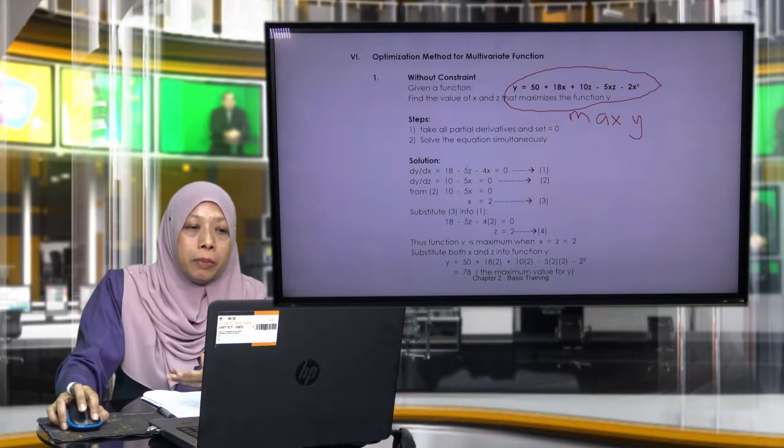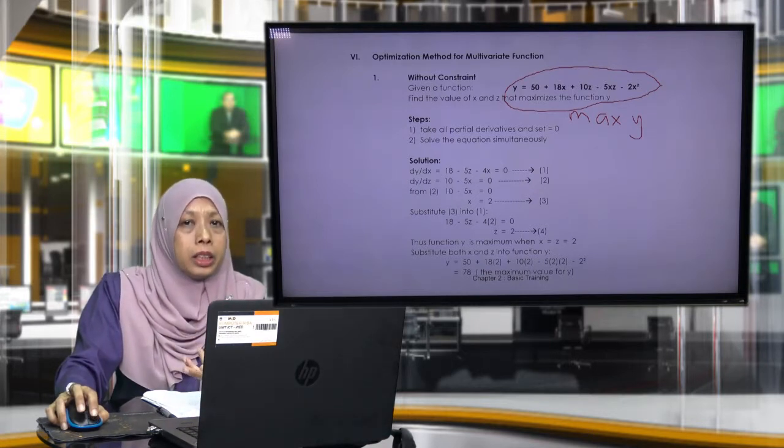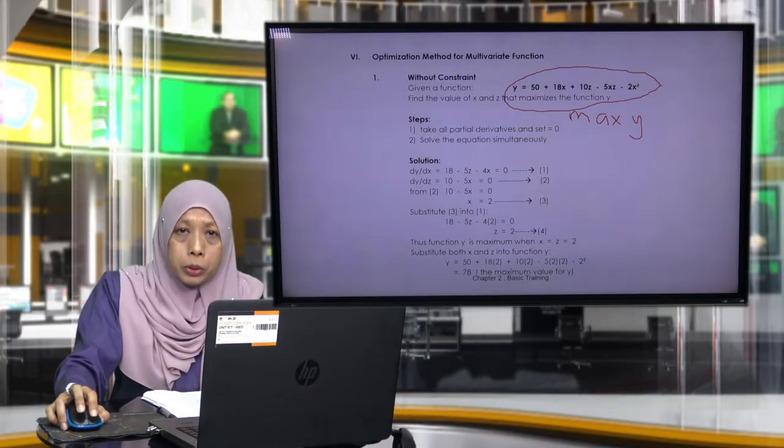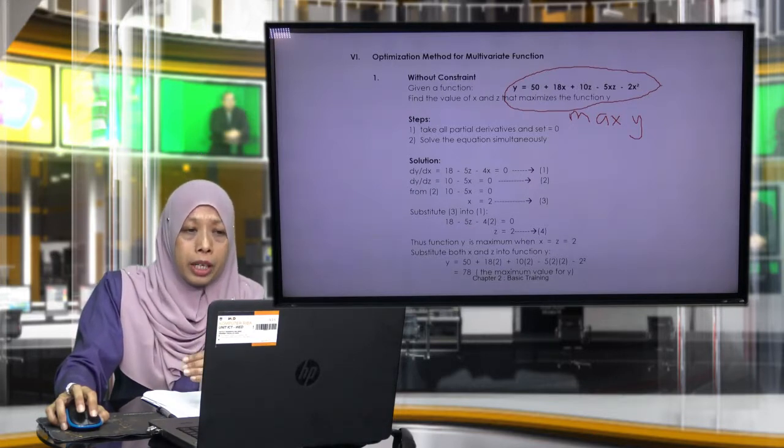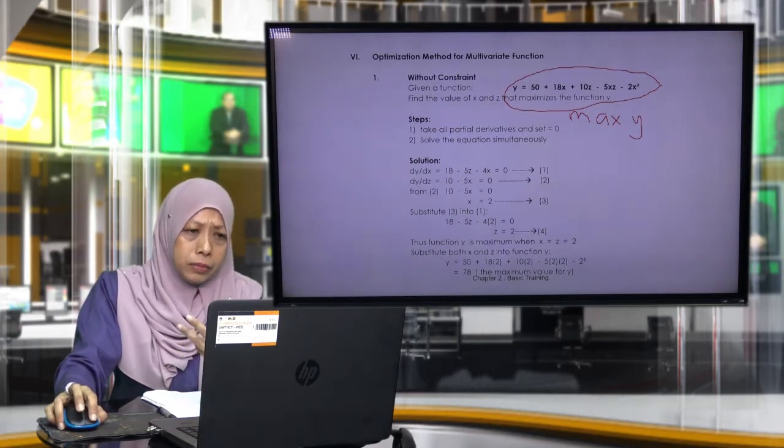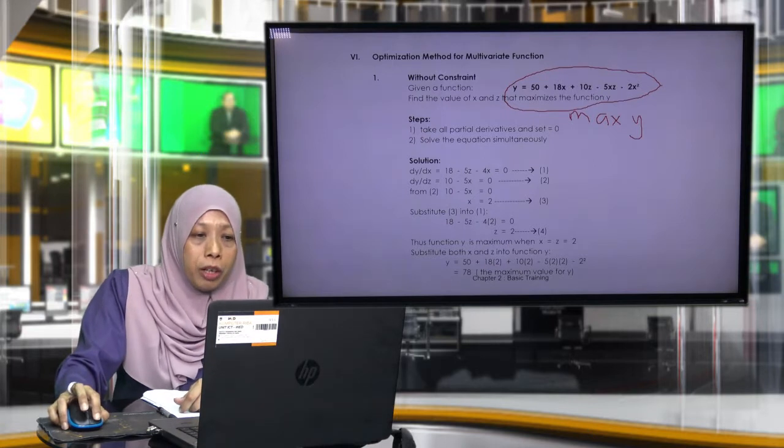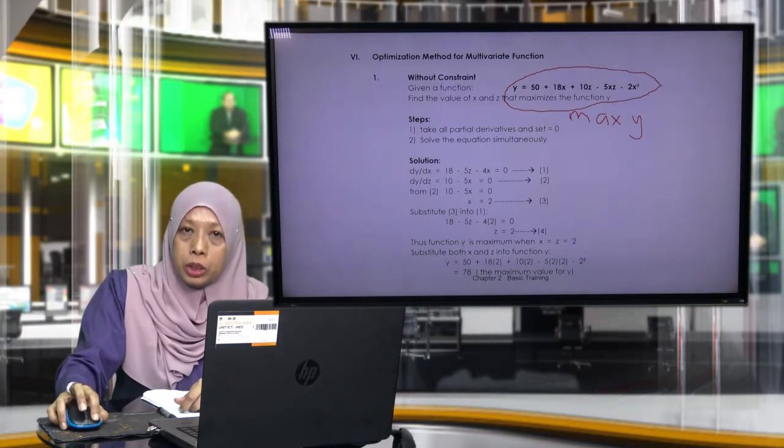The simultaneous equation method requires you to either use substitution, or you can subtract or add the two equations. But what I'm going to do is simplify the second equation and then substitute into the first equation. From the second equation, we have 10 minus 5x equals 0.